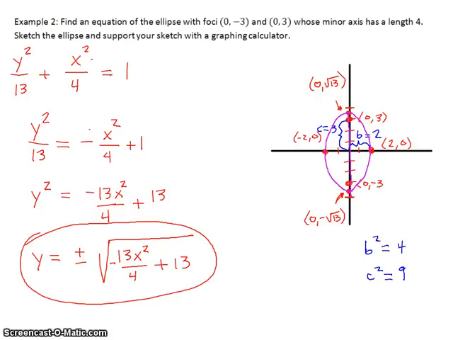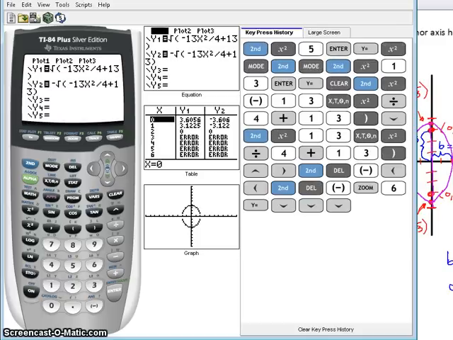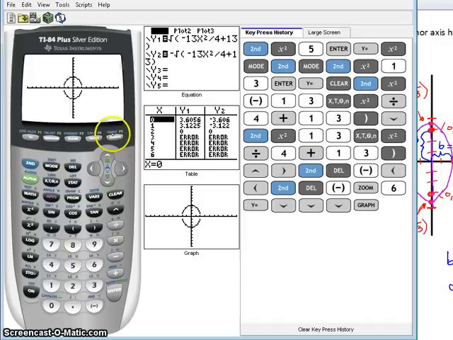Let's check our work, make sure we're right. So I've entered in y1, y2, and we hit graph, and that gives us the equation of our ellipse. Unfortunately it doesn't connect there, but we can see that what we found pretty much matches what our drawing looks like.